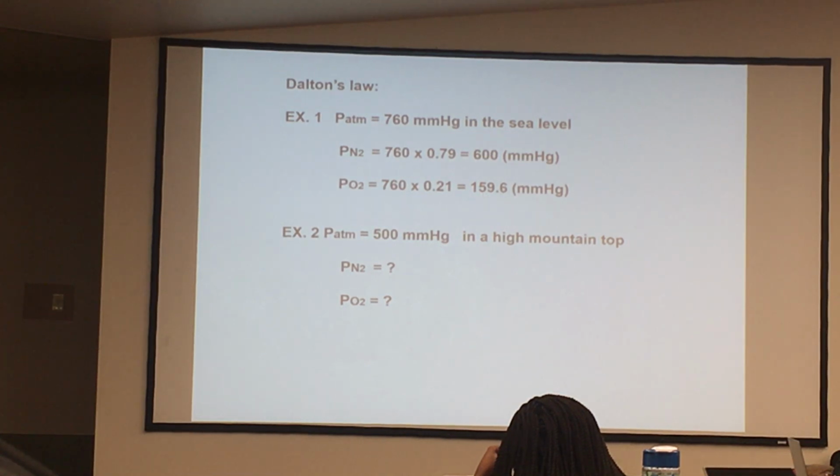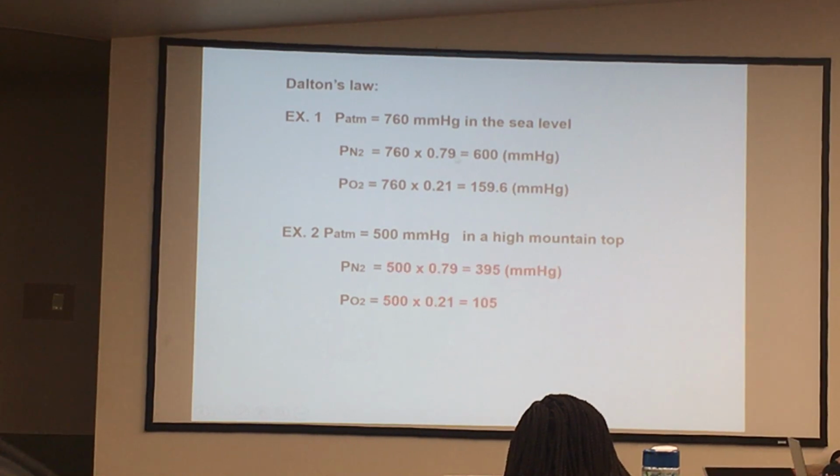The other gases are very small. If we move to a higher altitude in the mountain area, atmospheric pressure decreases. What is the partial pressure for nitrogen and oxygen? Their percentage is always the same, so it's still times 79% and 21% for oxygen.